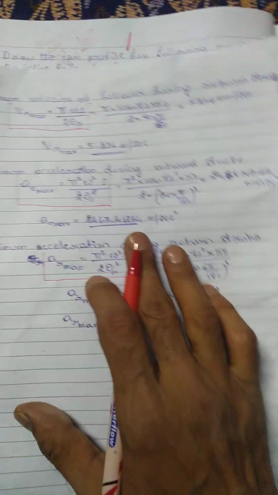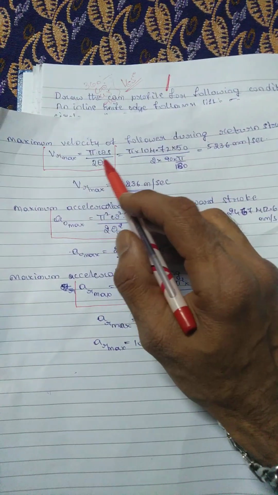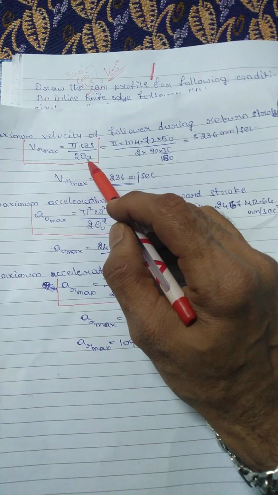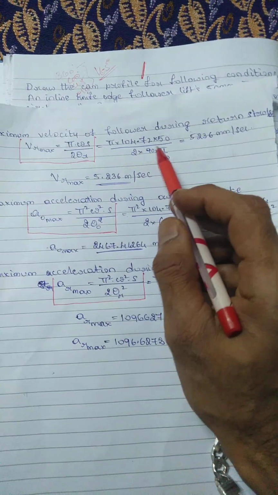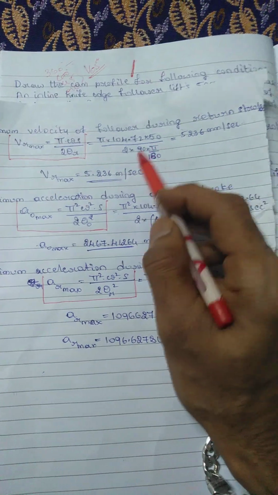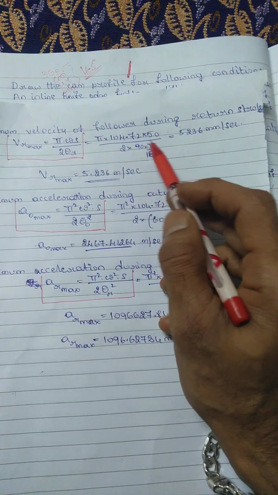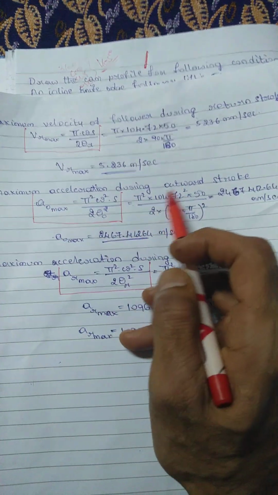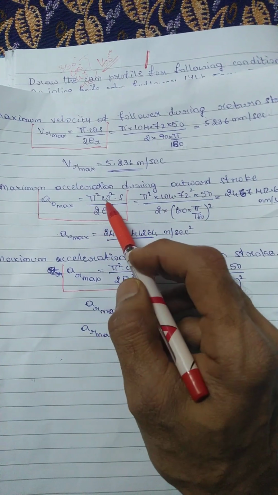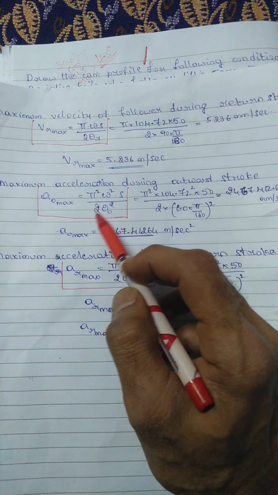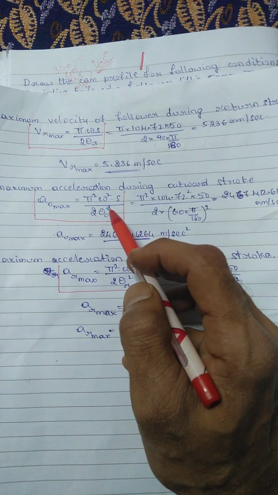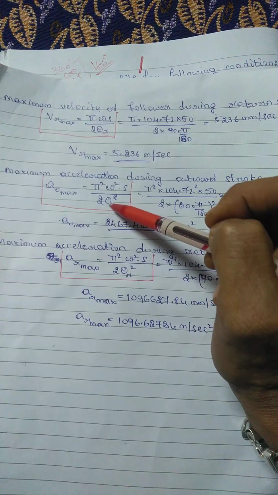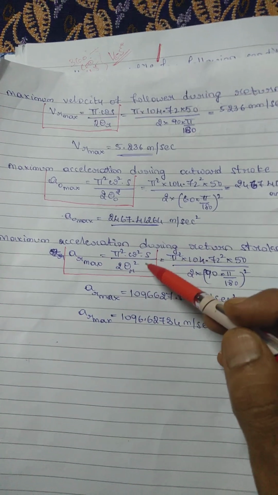Similarly for return stroke, the same equation, here theta r for return instead of theta naught. 90-degree of return stroke is converted into radians. And for acceleration: pi square omega square into s divided by 2 theta naught square. Here the square applies to theta naught, and omega is also squared. Similarly for return stroke as well.